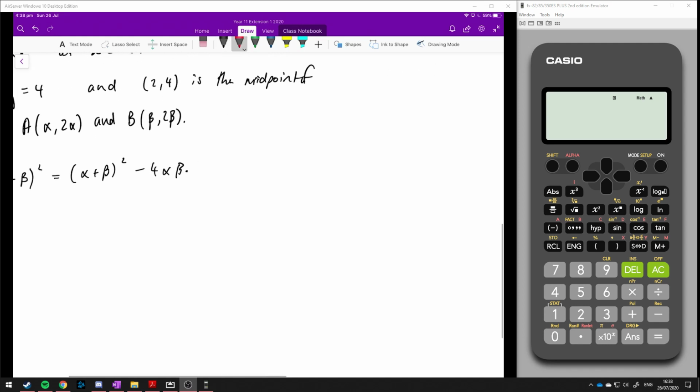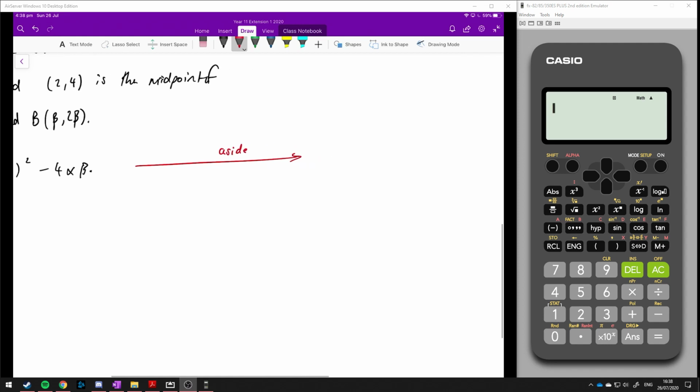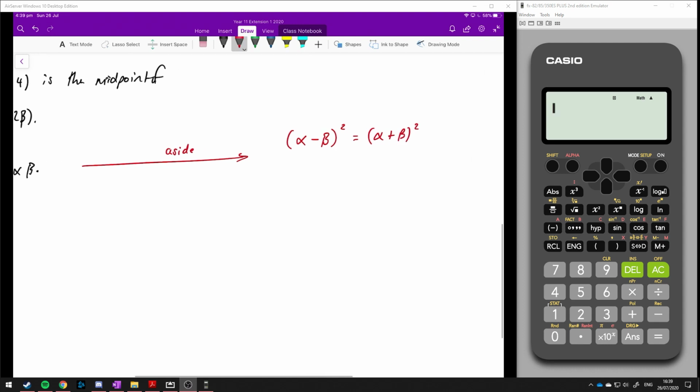So this is more of an aside. So alpha minus beta squared is equal to alpha plus beta squared minus 4 alpha beta.